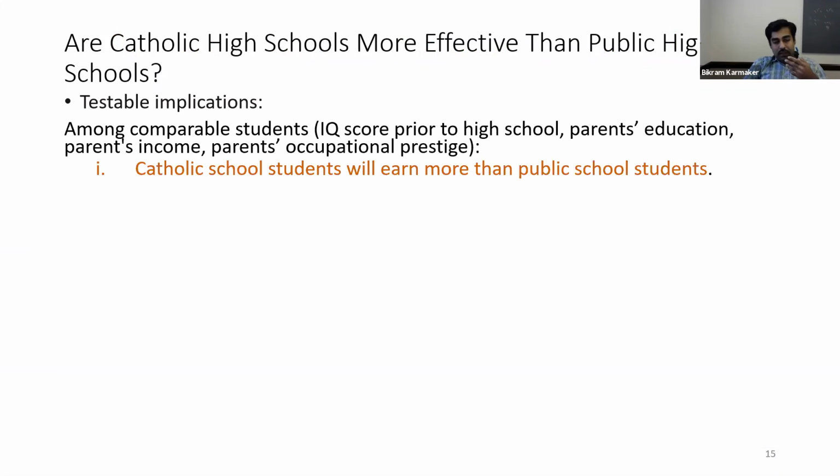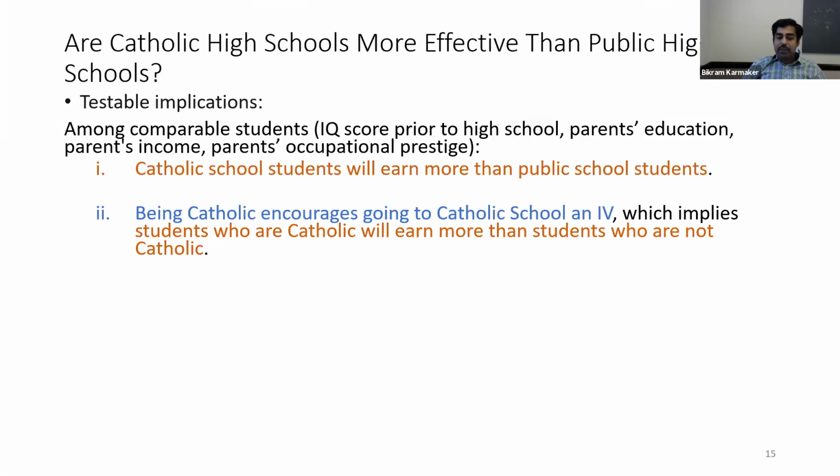To test that causal question, we can use testable implications where, among comparable students, comparable in terms of various background characteristics, IQ score in high school, parents' education, income, etc. So what we're interested in is, does Catholic schooling lead to higher income mid-career? If that is true, then Catholic school students will earn more than public school students among comparable students.